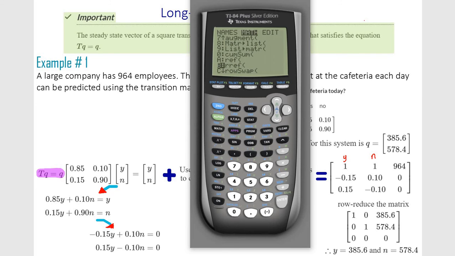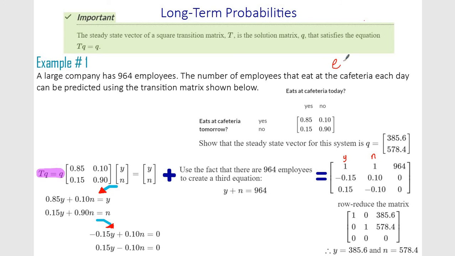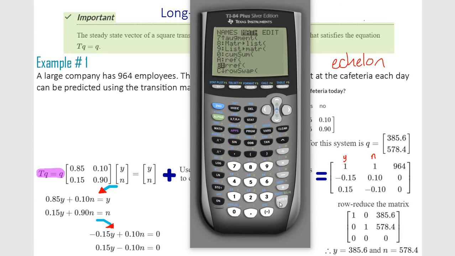Why can't I say that? Reduced row echelon form. Echelon is spelled E-C-H-E-L-O-N, in case you're wondering. So you do that one, then you pick matrix. Mine was matrix A, and look at what you have here. That reduces it down, so then you get your values.